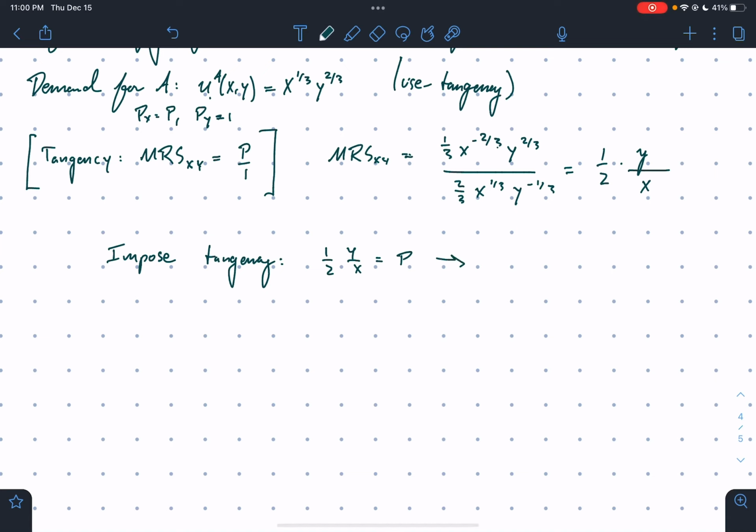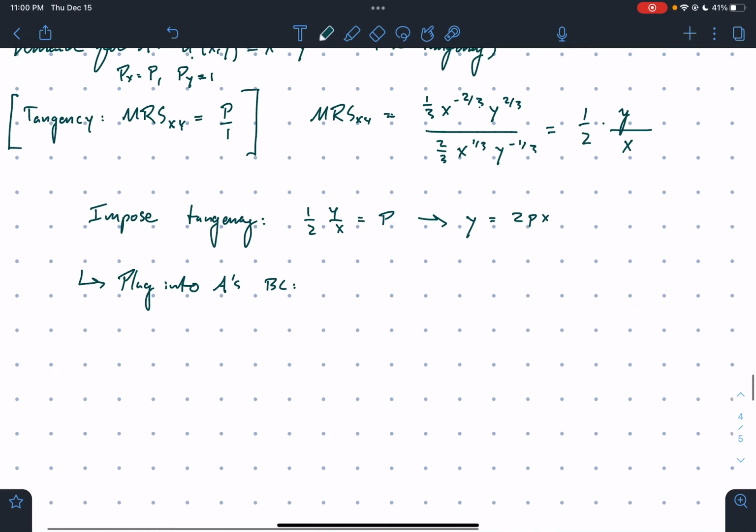So this means I will have y is equal to 2p times x. So now I'm going to plug this into the budget constraint, or the budget line, whatever you want to call it.